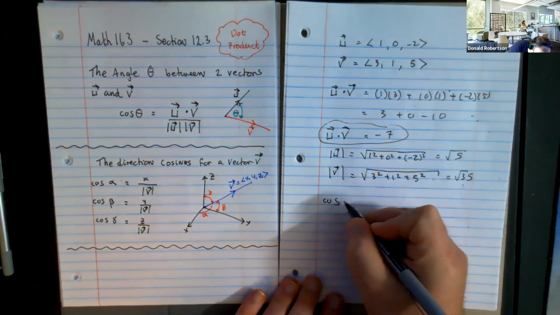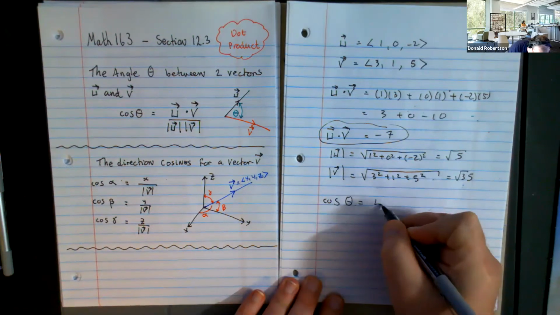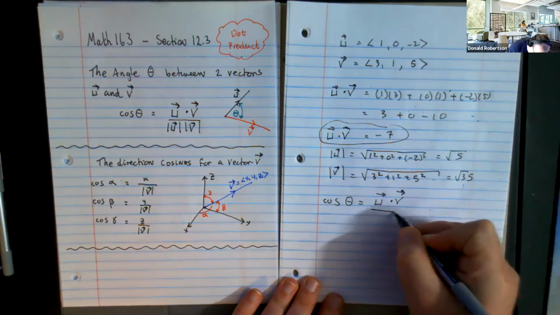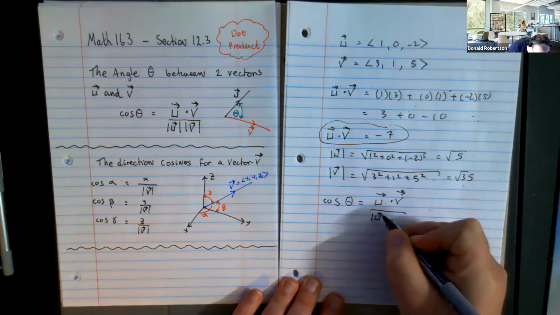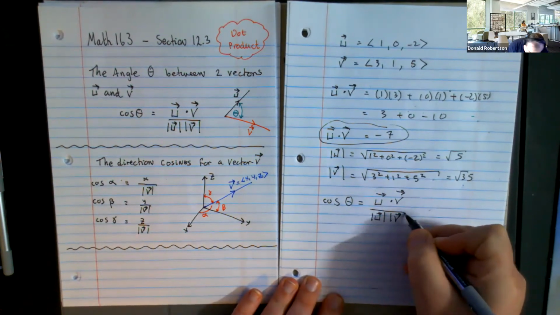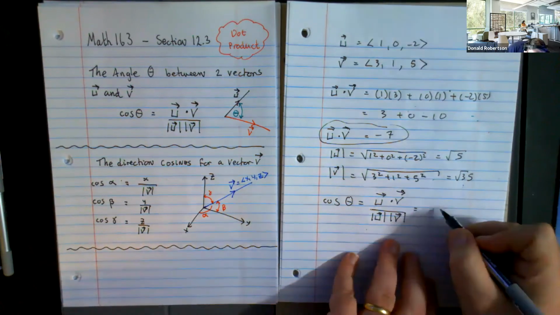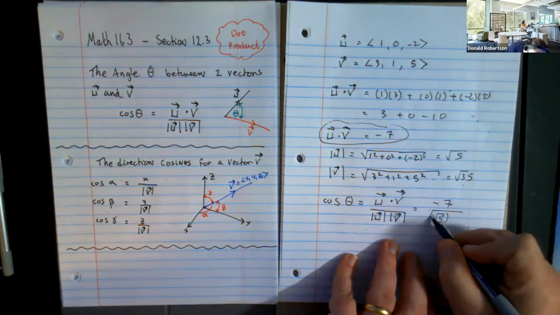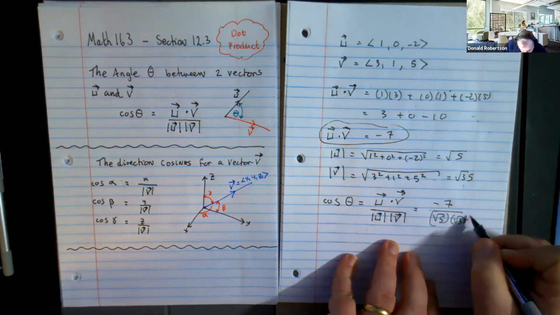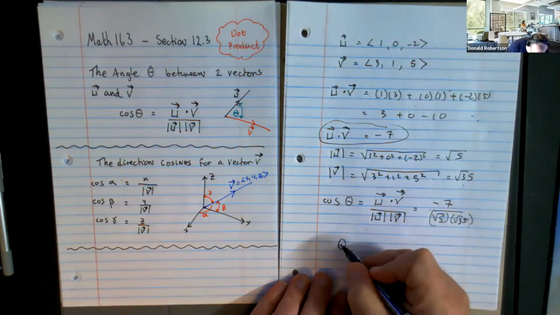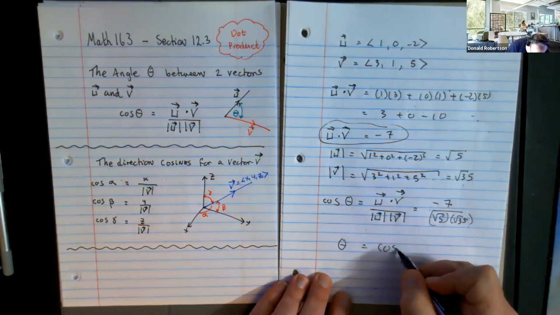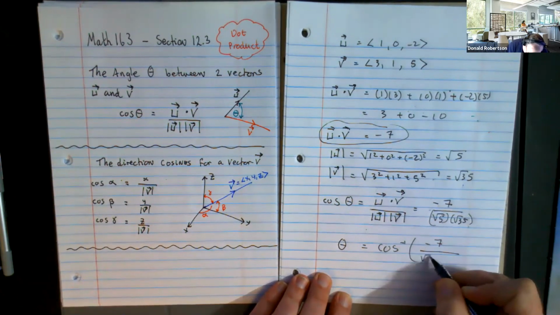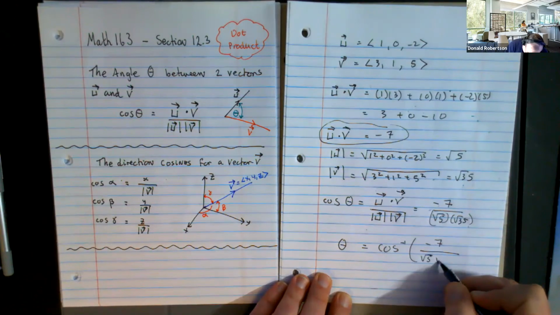The cosine of theta is the dot product over the length of u times the length of v, the magnitude I guess I should call it: -7 over root 5 times root 35. It's fine. And theta is going to be the inverse cosine of that.